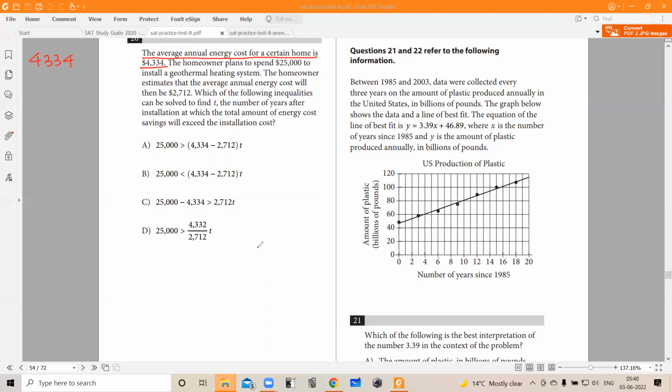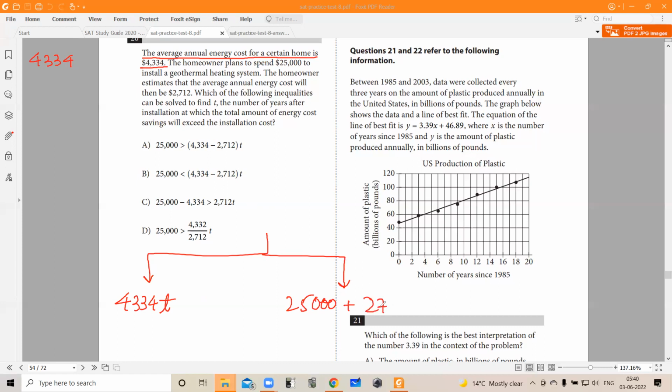You're having two conditions, right? Yeah. One is without the geothermal thing, so every year you have to give 4,334, right? Yeah. So for T years, how much will it be? 4,334 T. Correct. Now, if you have installed the geothermal plan, you have spent $25,000 in one go, and every year you have to spend how much? 2,712.